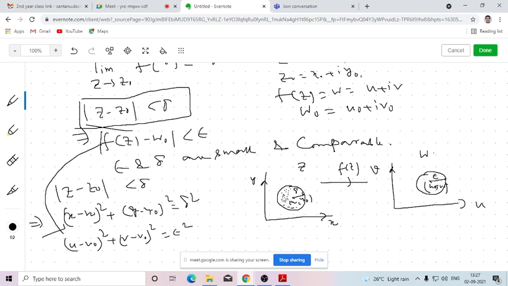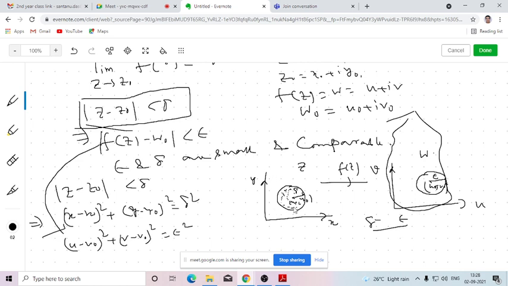That means each and every point of the independent variable will be mapped to some points in the codomain. If the corresponding functional values lie in a circle with center u0 v0 and radius epsilon, where if delta is small then epsilon should also be small and they are comparable, then we will say that the limit exists. Otherwise, if the dependent variable lies in a huge interval, so that the values are not enclosed within a circle with small radius and center u0 v0, then we say that the limit doesn't exist.